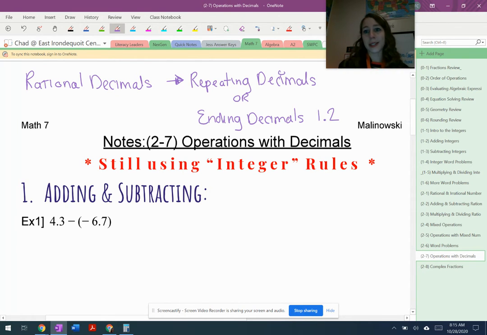That's an ending decimal. It's not going on forever, so that is a rational decimal. A repeating decimal, something like 0.3 repeating, is also rational. It is irrational, or not rational, if it is never ending and non-repeating, the opposite of these two things.